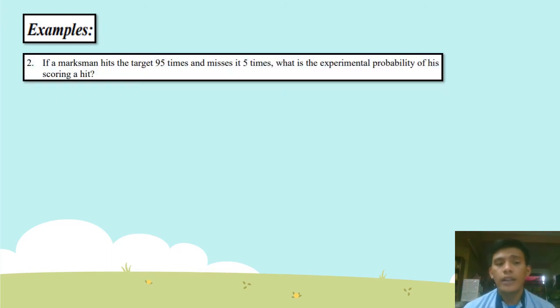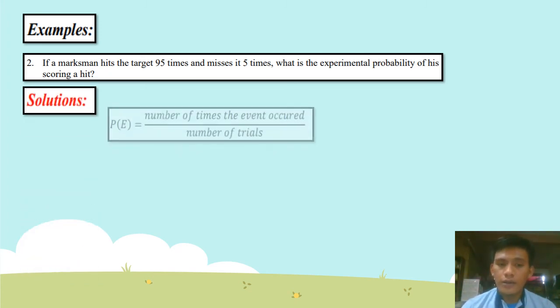Another example. For number 2, if a marksman hits the target 95 times and misses 5 times, what is the experimental probability of his scoring a hit? What you observe in the given problem is that a marksman hits the target 95 times but misses 5 times.